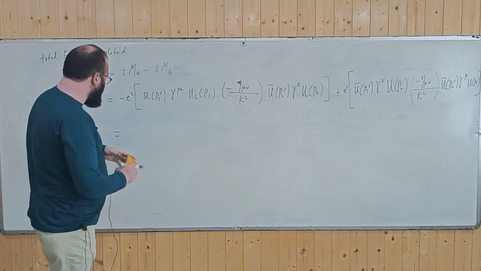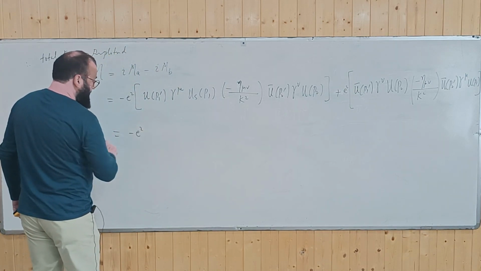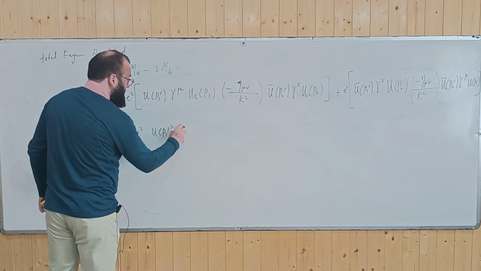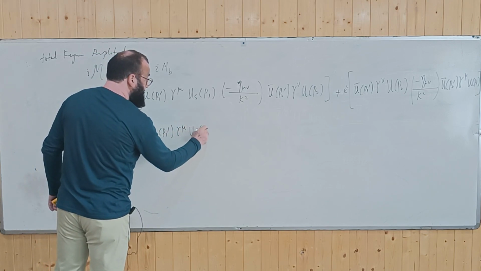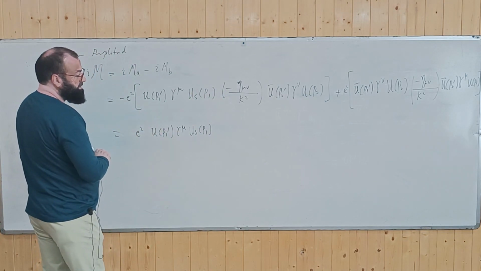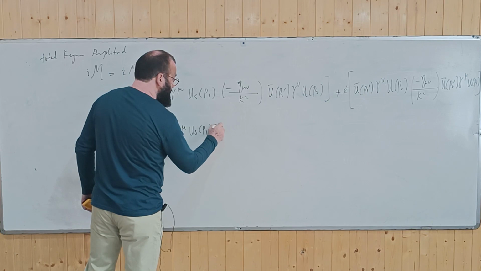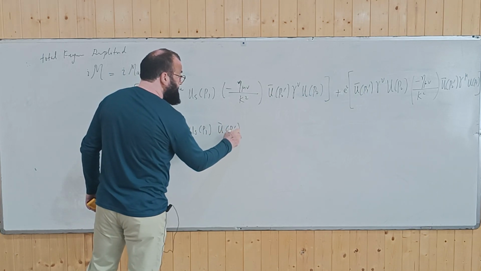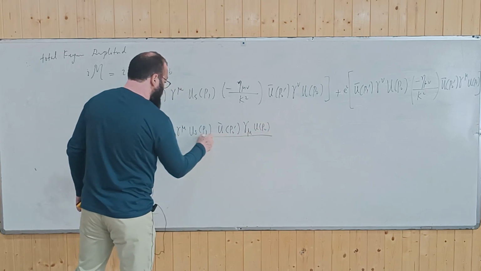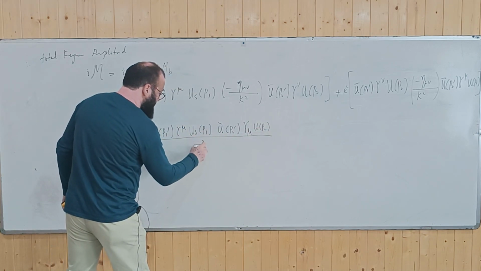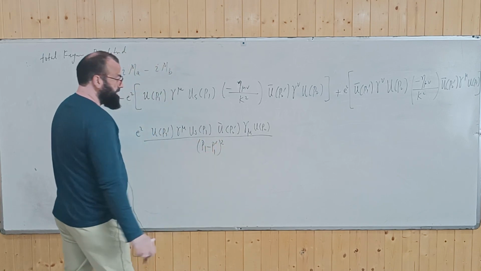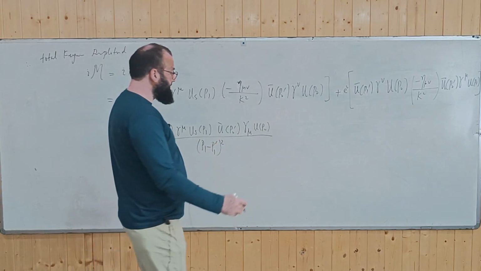Clear? So now you are having minus e square u bar p1 prime gamma mu u p1. This minus and minus will make it plus. Then you are having u bar p2 prime gamma mu u of p2. What is k square? k square is p1 minus p1 prime whole square.